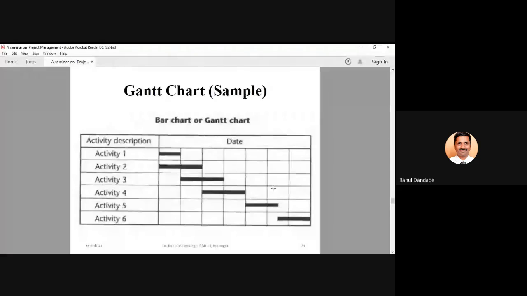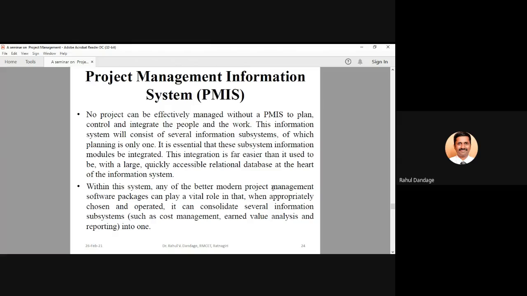So I hope the Gantt chart, its significance, objectives and usefulness are clear to everyone. Next part is about the project management information system. This is very essential for managing the flow of information in your project.